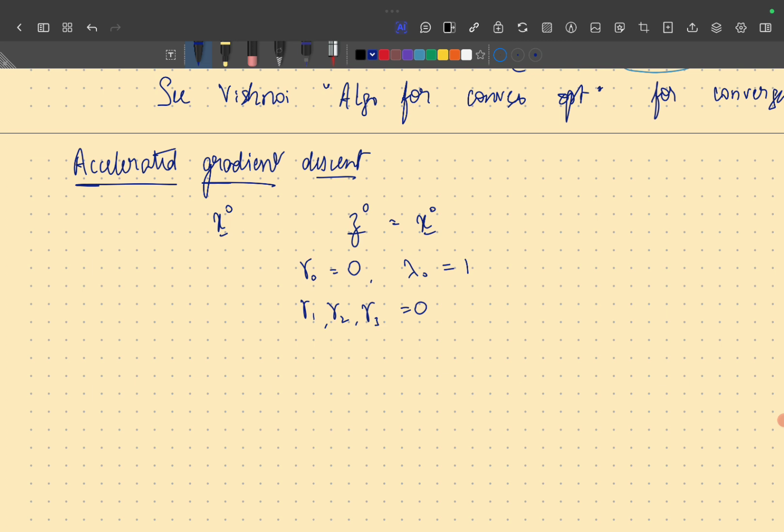For i greater than or equal to 4, gamma i is going to be equal to 2 divided by i. So this is a sequence of numbers, gamma 0, gamma 1, and so on. I'm going to choose it in this particular, special way.